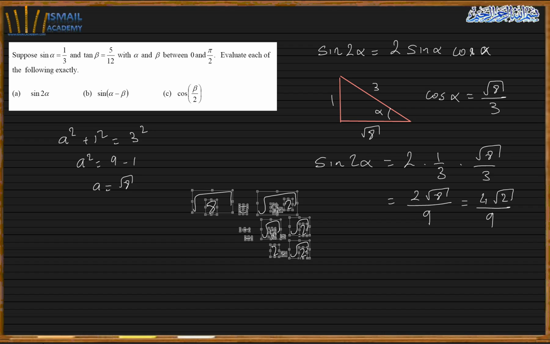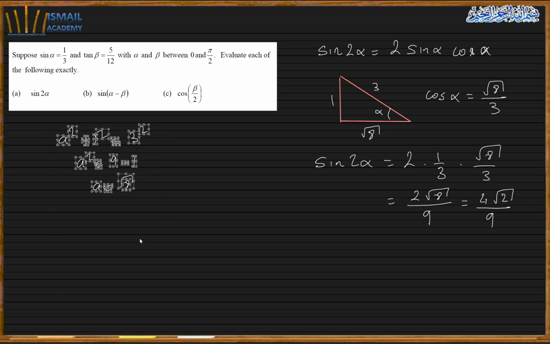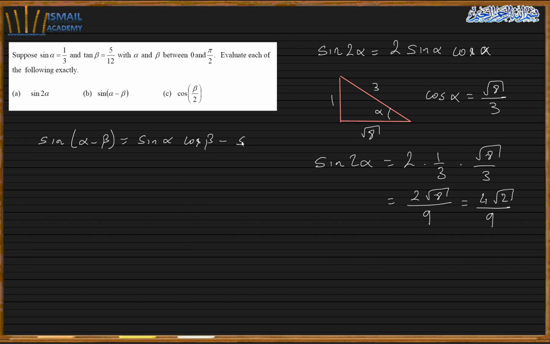Alright, next. I'm looking for sine of alpha minus beta. So here I will use the difference formula. Sine of alpha minus beta is sine of alpha cosine of beta minus sine of beta cosine of alpha.